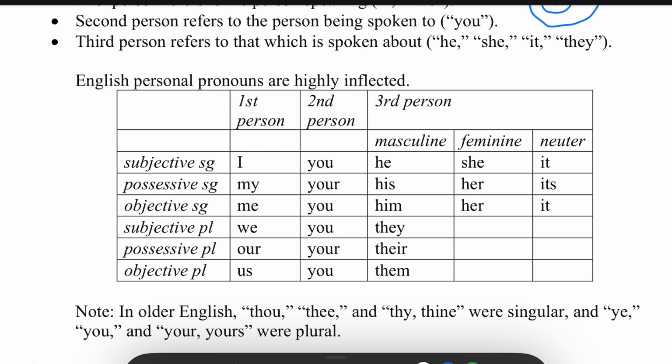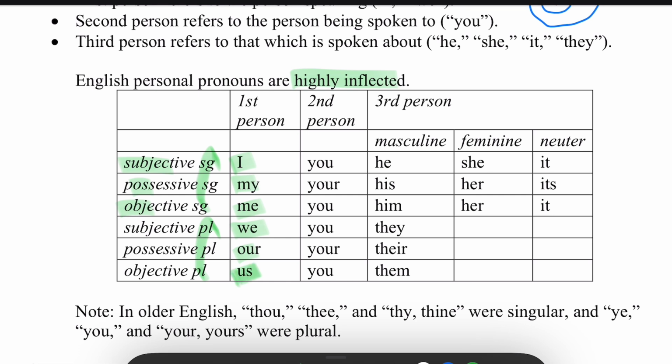So in English we have one, it's just highly inflected. We actually have a lot of inflection here, which is why we've already used it as an illustration in previous chapters. We have the subjective, possessive, and objective cases, and then those are either in the singular or in the plural. So we have I or we, my or me, our or us for those possessives.